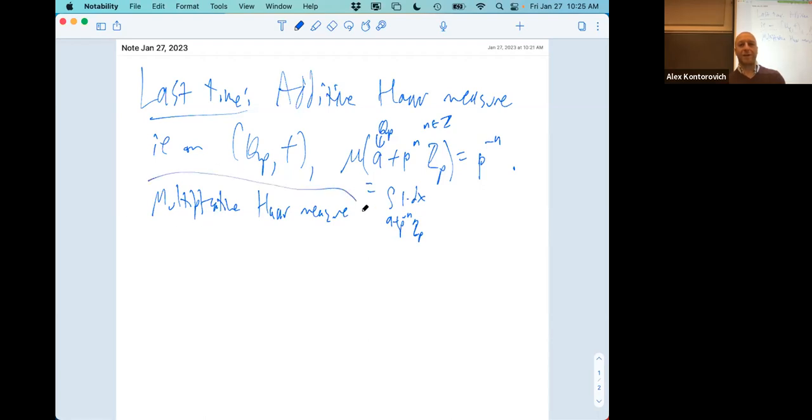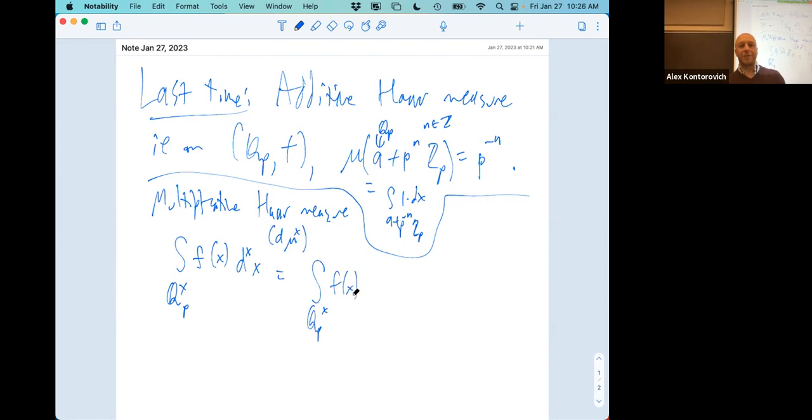So the multiplicative Haar measure was that you integrate some nice function f of x, which only takes values in the multiplicative p-adics, with d star x, or d mu star if you like. It's the same integral, but you integrate the additive measure dx divided by the p-adic absolute value of x.